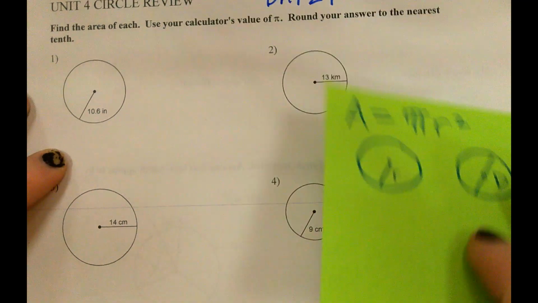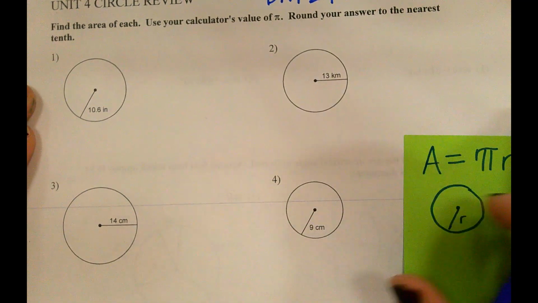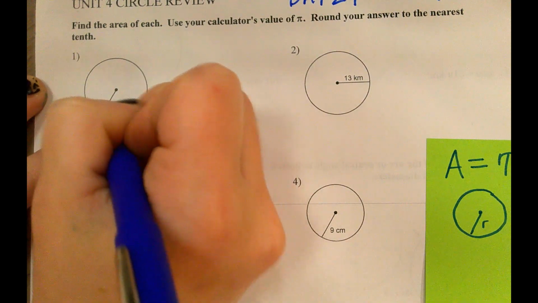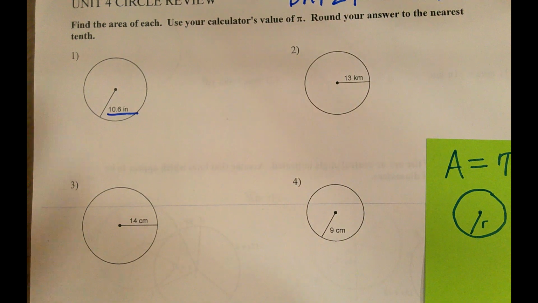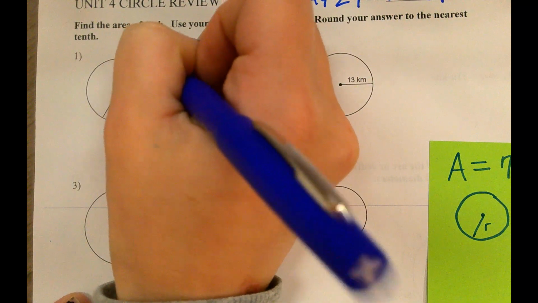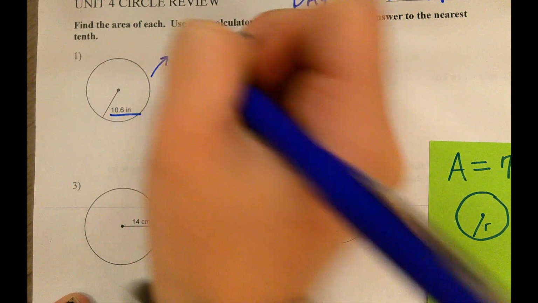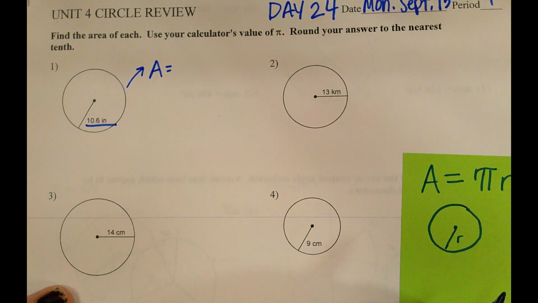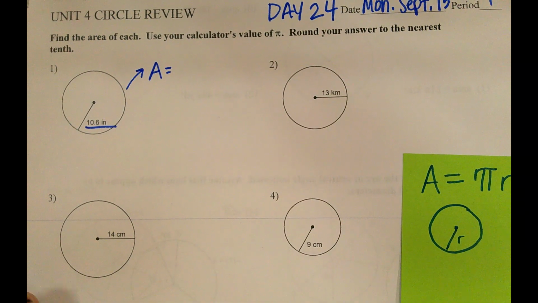So for example, let's look at number 1. My radius is 10.6 inches. So if I'm using the area formula, pi times radius squared, what will I need to put in my calculator? What will I type?